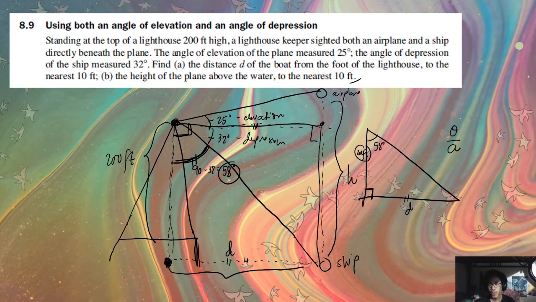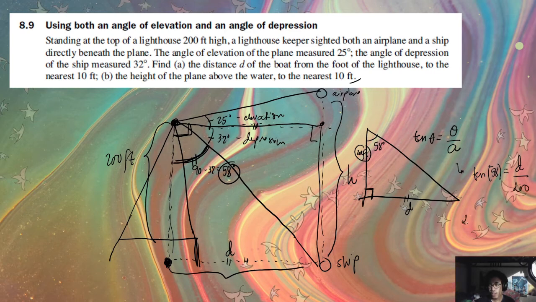We're looking for the opposite side, and we're given the adjacent side. Therefore, we can use the tangent trigonometric ratio. The value of theta is 58 degrees, so tangent of 58 is equal to the opposite side, d, over the adjacent side, which is 200.